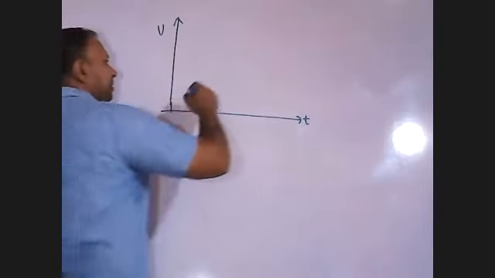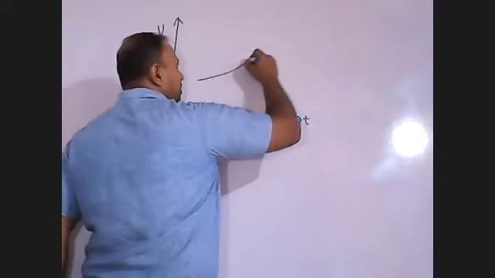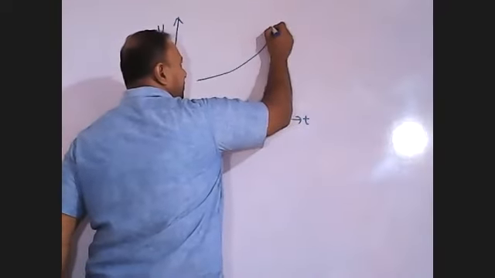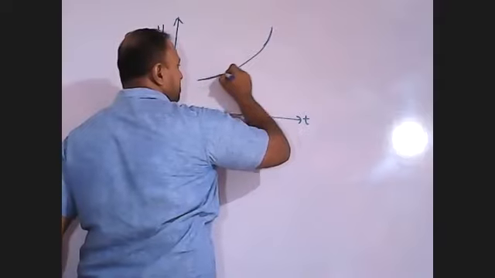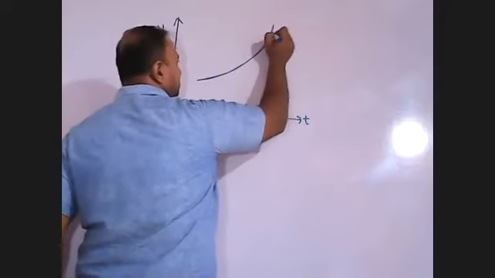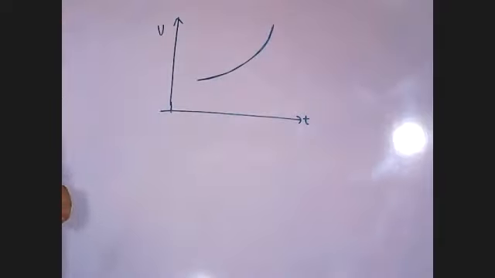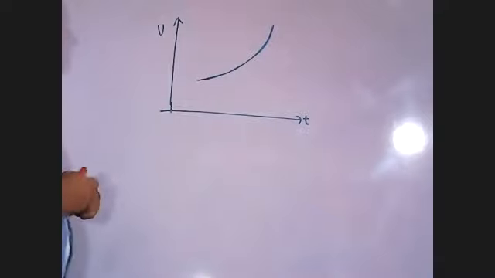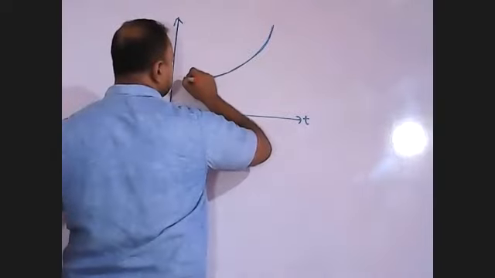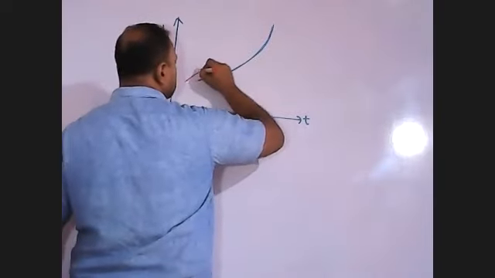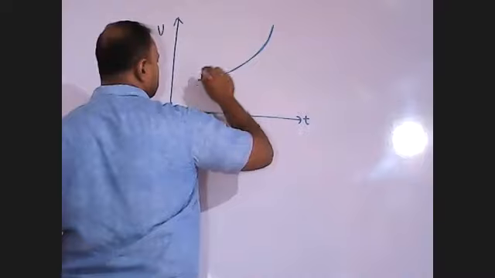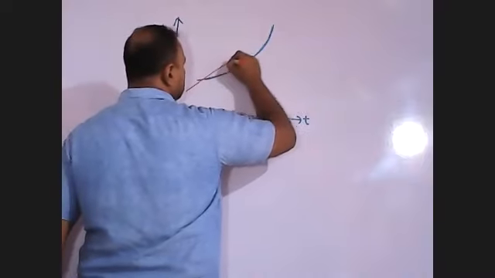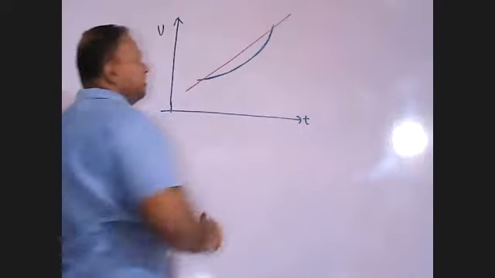Now, this is a curve shaped graph. And this one is a straight line.